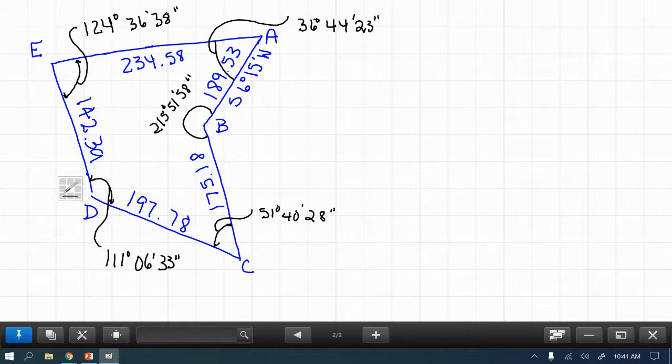So if we go from A to B, B to C, C to D, we're going clockwise. Remember from chapter 7, we did those preliminary azimuths, computing azimuths, page 171.